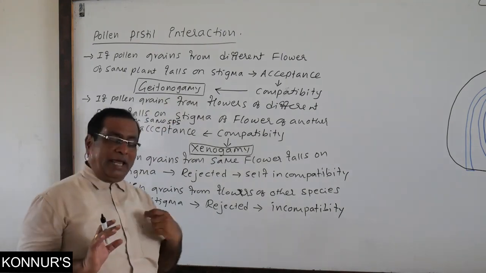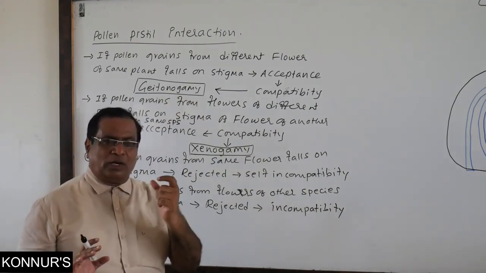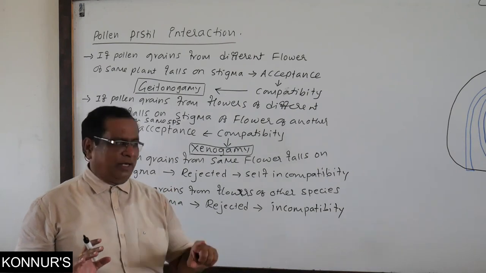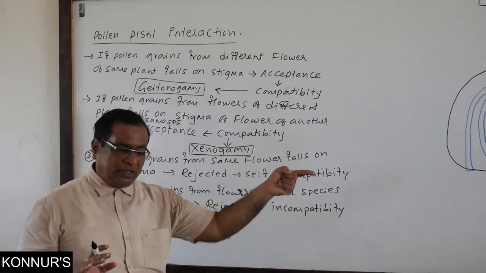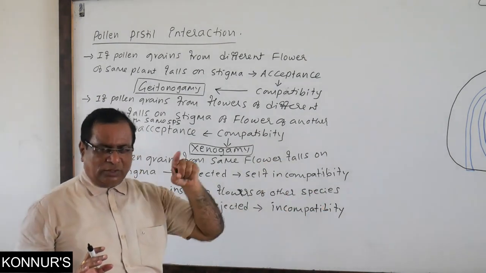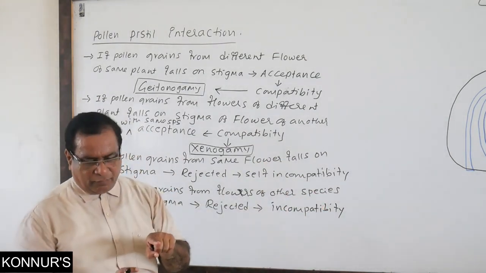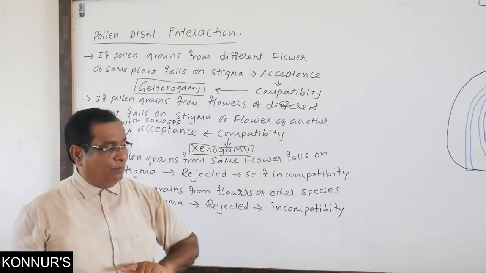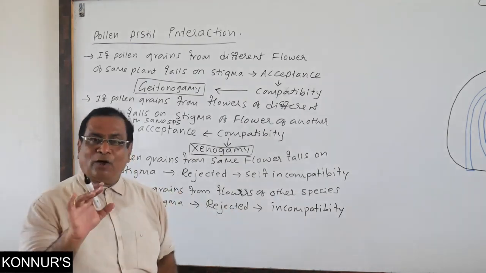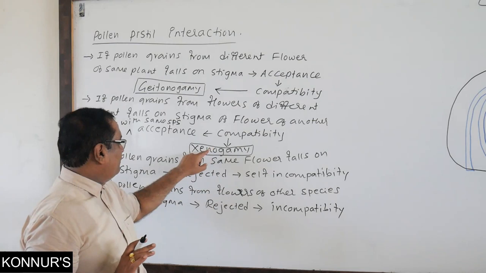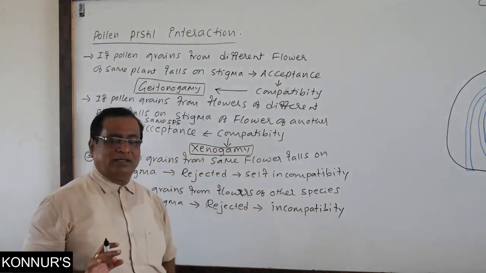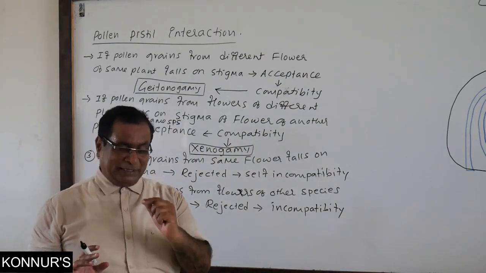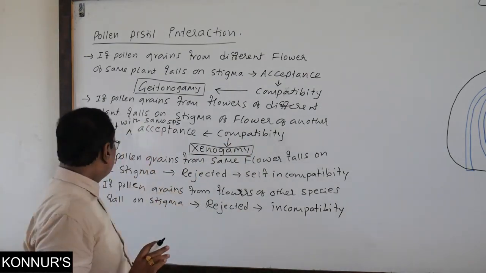And another condition where pollen grains are accepted is where the pollen grains from a flower of another plant fall on the stigma of a flower of another plant, but both belong to the same species. It is accepted, compatibility, and is genogamy as well. That is said to be genogamy.